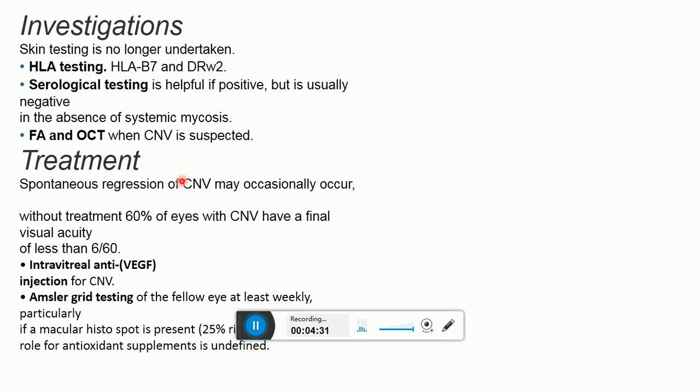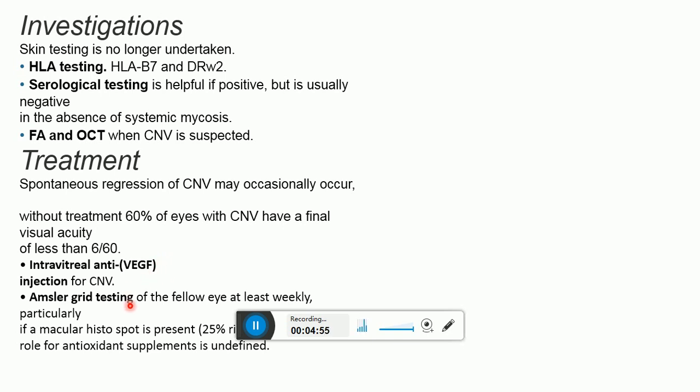Spontaneous regression of CNV may occasionally occur. Without treatment, 60% of eyes have a final visual acuity of less than 6/60. Treatment is intravitreal anti-vascular endothelial growth factor, anti-VEGF injection, for the CNV.